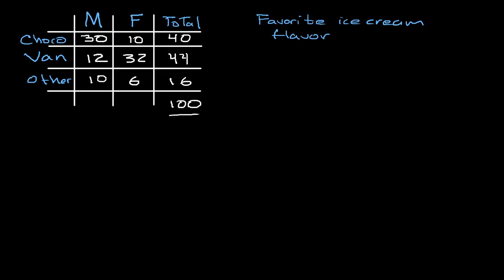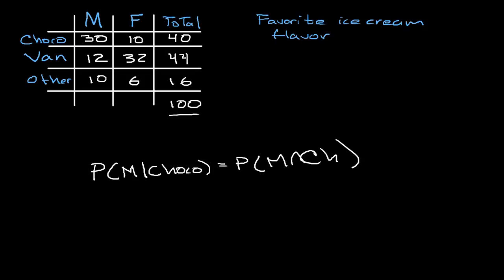So now, how about if I ask you for the probability of a person being male, given that his or her favorite flavor is chocolate? With this kind of data representation, we can compute the exact same thing, right? Let's use the definition, which is just the probability of the intersection, M intersected with, let's call it just CH, over the probability of CH, of chocolate.